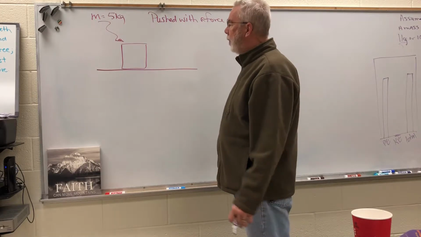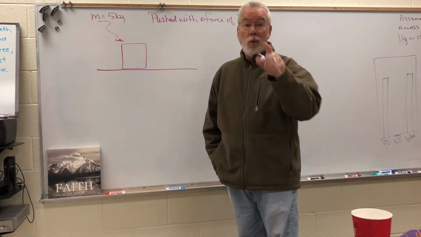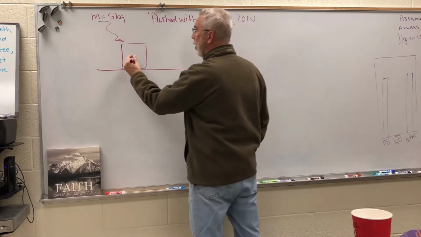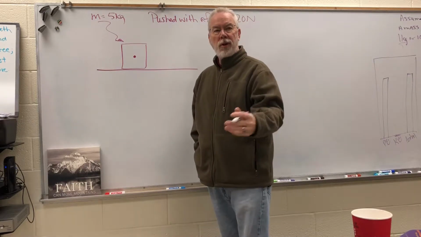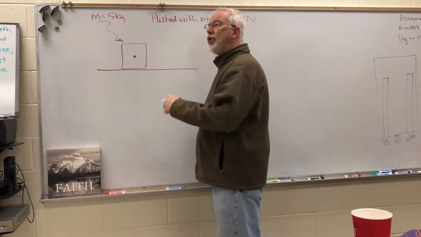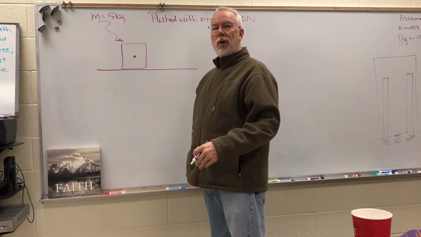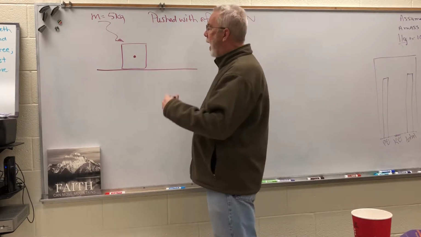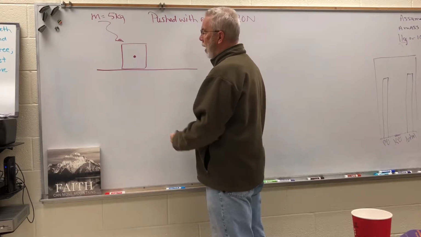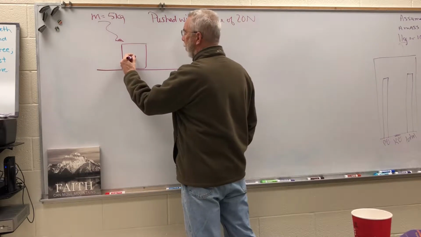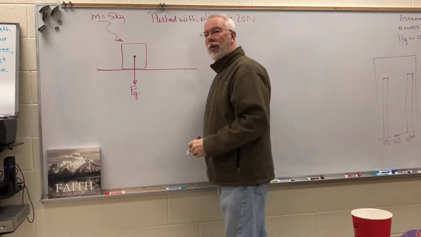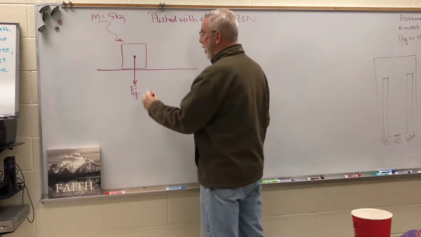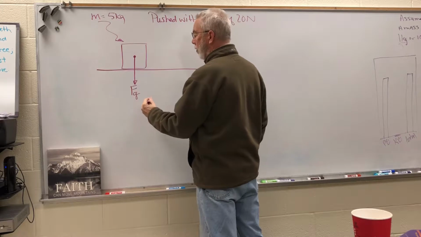Let's draw this up and make sure that we understand where all the forces are. First of all, you'll remember that we draw a dot to show the center of mass, and then we show all the vectors that have the forces acting on the box. Right away, we have an F of G, which is called the force of gravity, and the force of gravity is the weight.